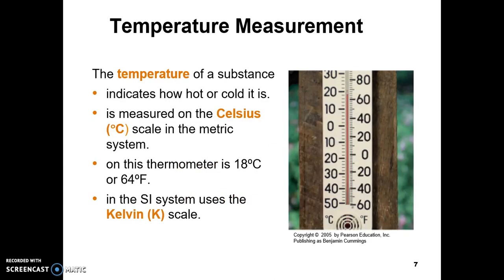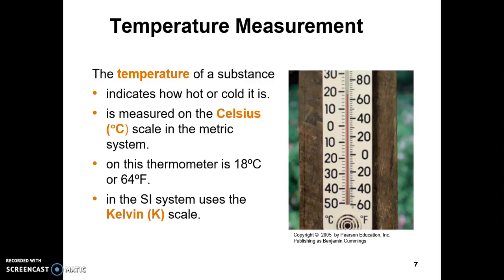Temperature. What's temperature? Temperature indicates how hot or cold an object is, and the unit for temperature in the metric system is Celsius. But in the United States, most weather channels tell the temperature in Fahrenheit, while we'll be using Celsius.